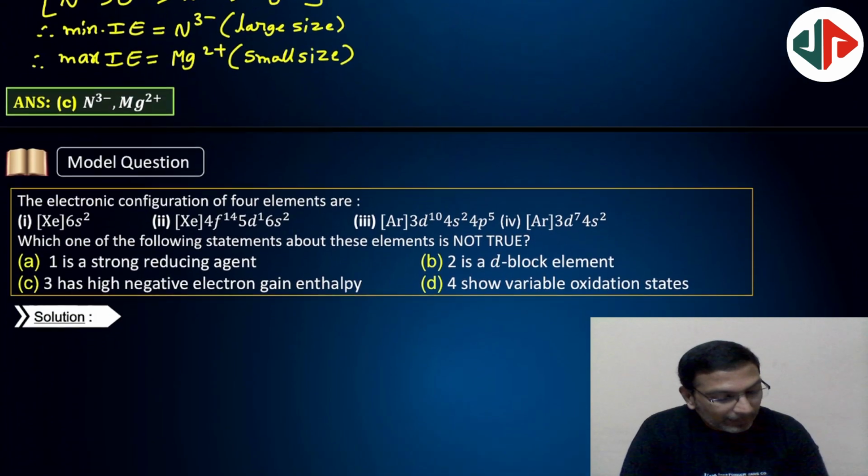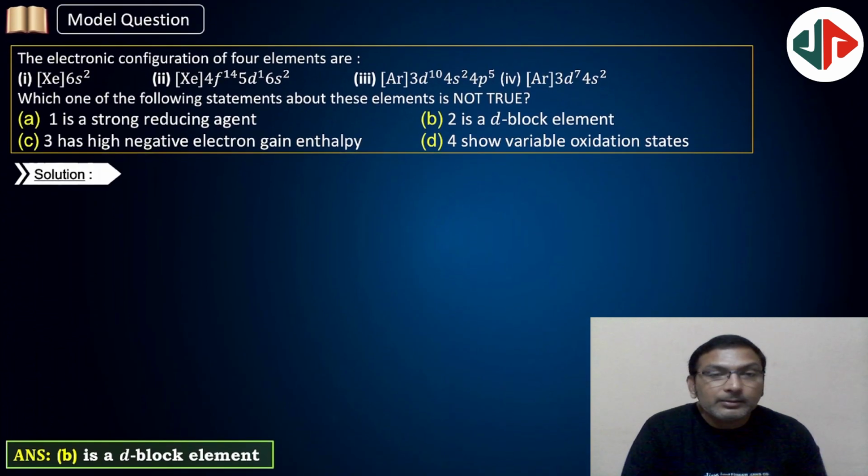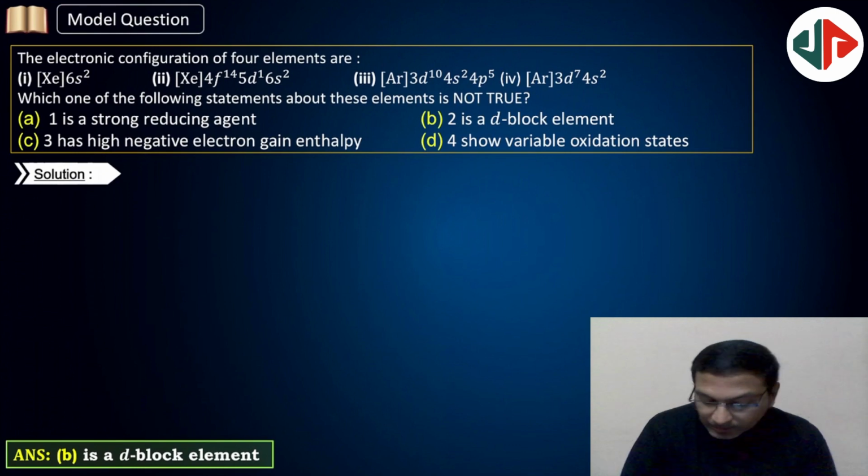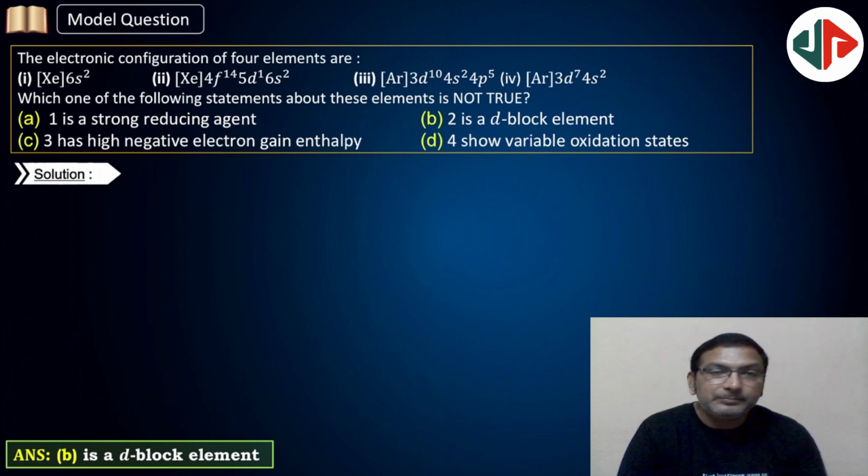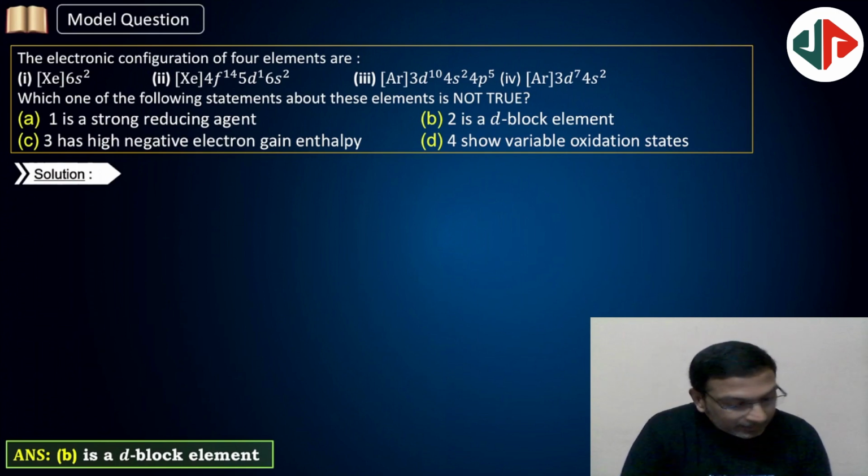Next, the electronic configurations of 4 elements are given, 1, 2, 3, 4, and we have to identify which is not true, the wrong statement. So the first option, xenon core 6s2, is s block.